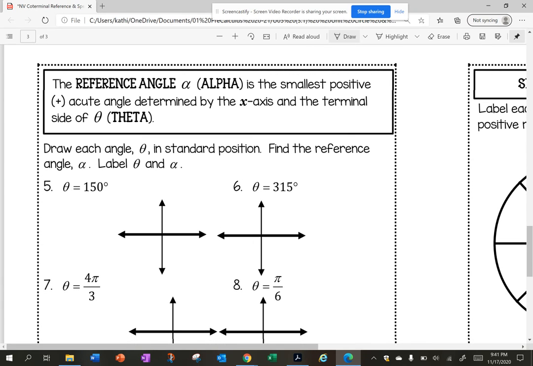Reference angle. This is probably the most important topic that we need to understand: what is the reference angle.